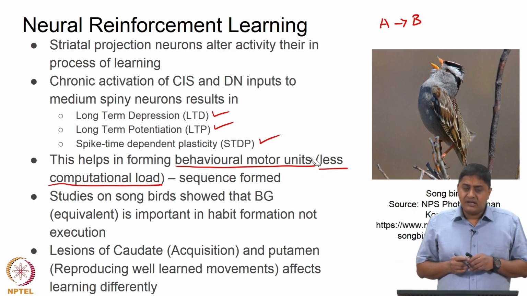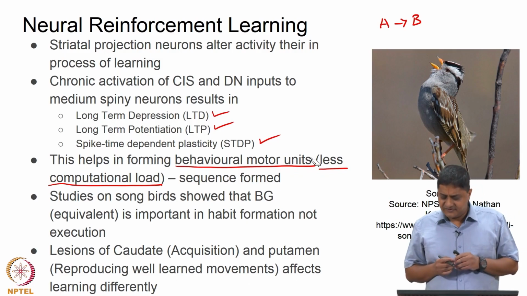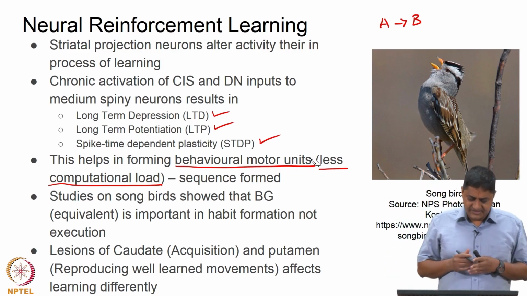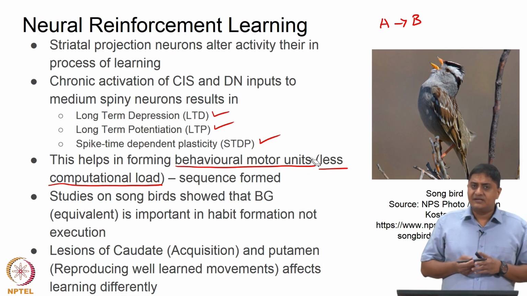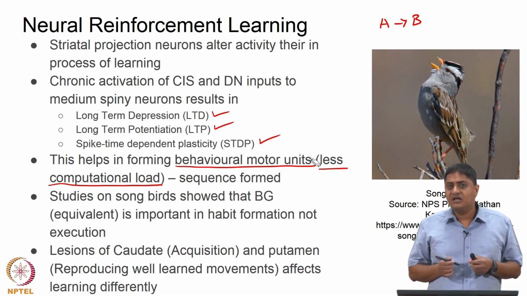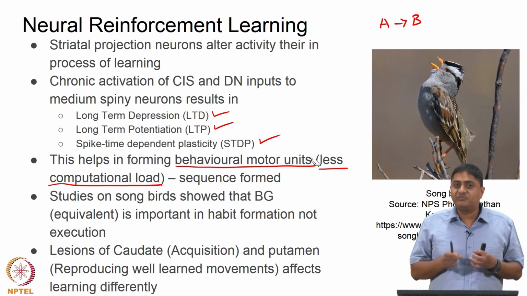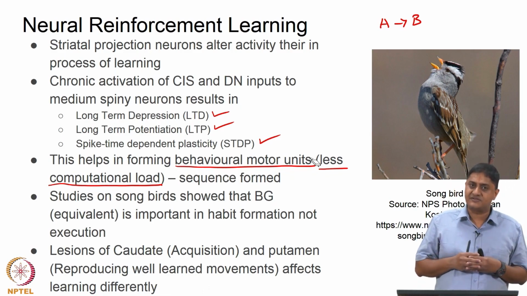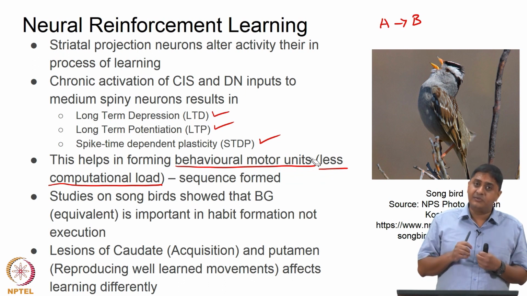Also, what about animals, for example, songbirds? It has been shown in songbirds that the equivalent of the basal ganglia is crucial for learning of the species-specific songs.